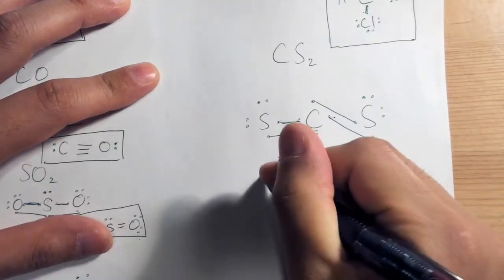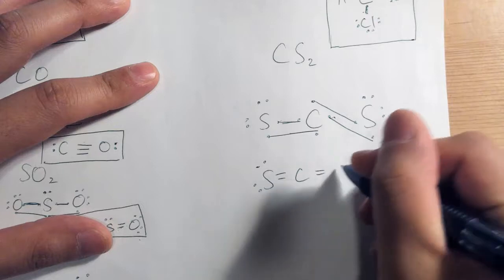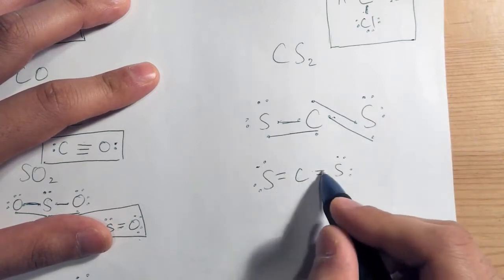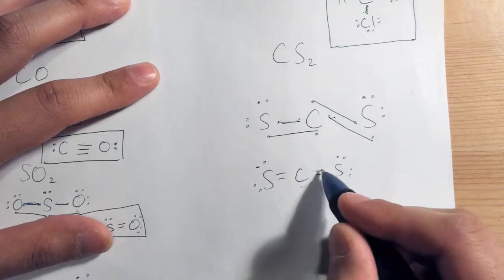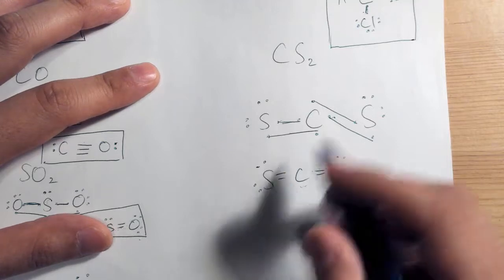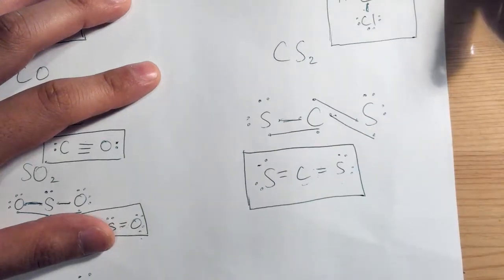Alright, so this comes out to be a double bond and another double bond. So let's count 1, 2, 3, 4, 5, 6, 7, 8, 8 valence electrons in the central atom. 1, 2, 3, 4, 5, 6, 7, 8, 8 valence electrons in the outer atom. Same goes with here. So that means this is the right structure.